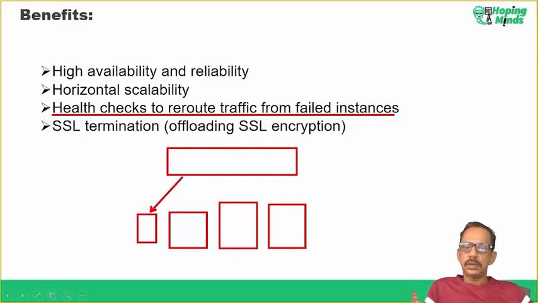If it finds that a particular server is not responding in time when it sends the health check packets, rather than sending the traffic to this unhealthy server, it starts forwarding the traffic to other healthy instances in the network.